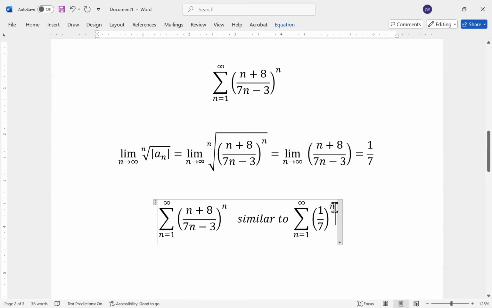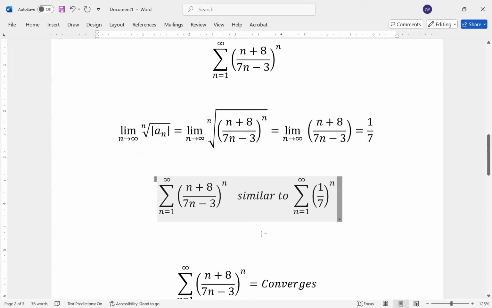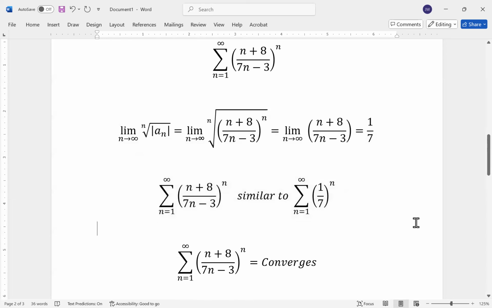This is a geometric series where the base is under 1, and therefore, since the base is under 1, this geometric series would converge. Therefore, this series that I have should also converge. So that's really what the root test is doing.